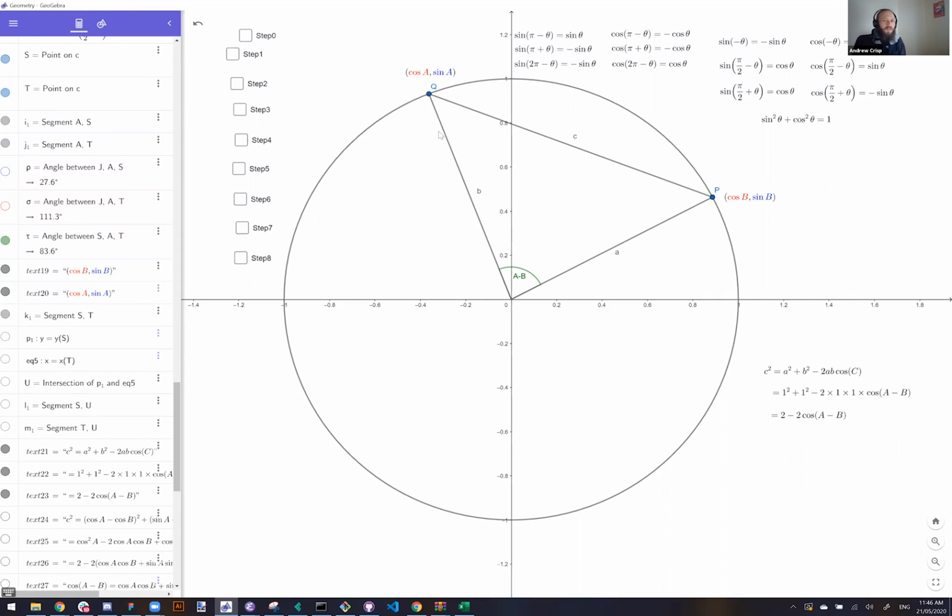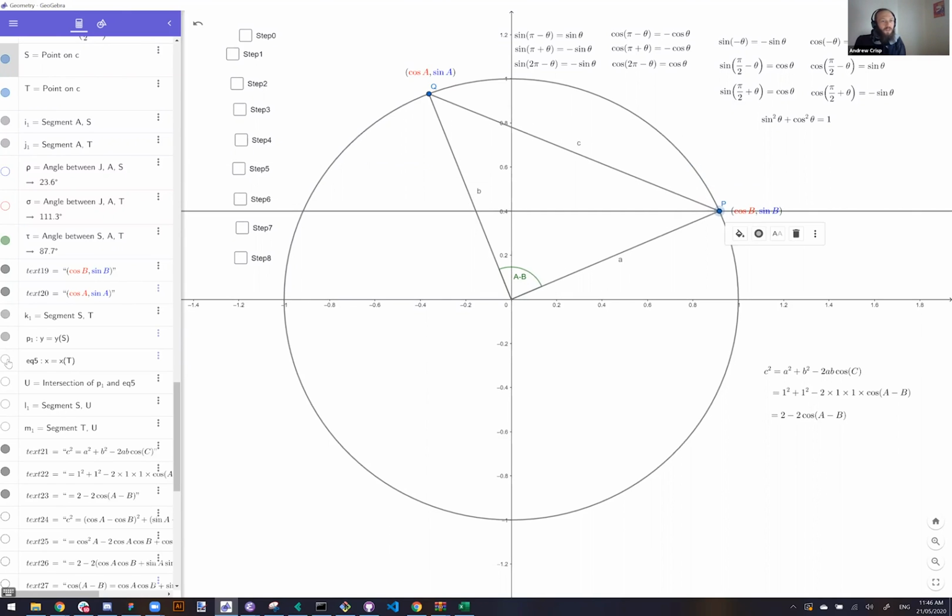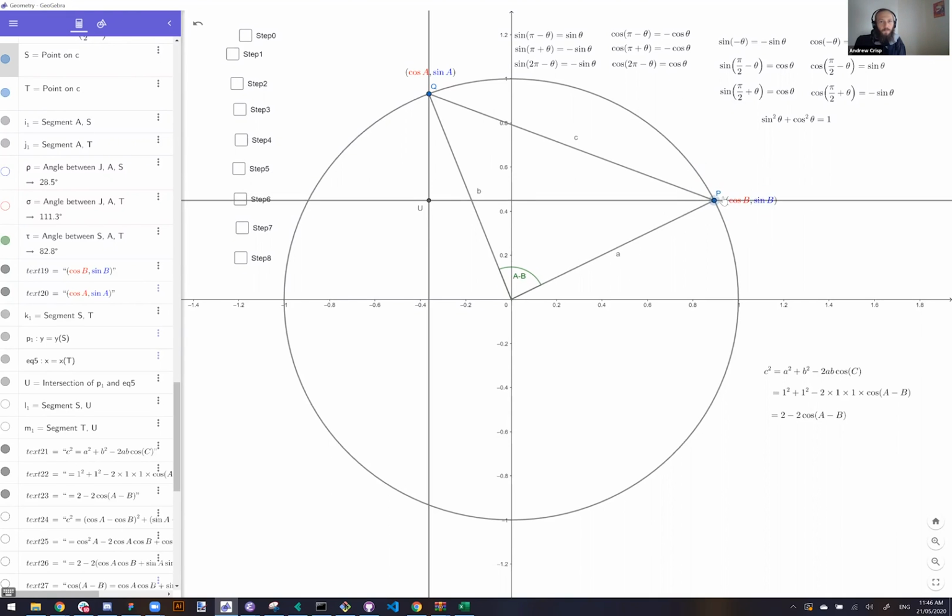What triangle? We're going to use the triangle we get when we introduce these 2 lines. So we draw a horizontal line through P, and we draw a vertical line through Q. And they intersect at this point that I'm going to call U here, like so.